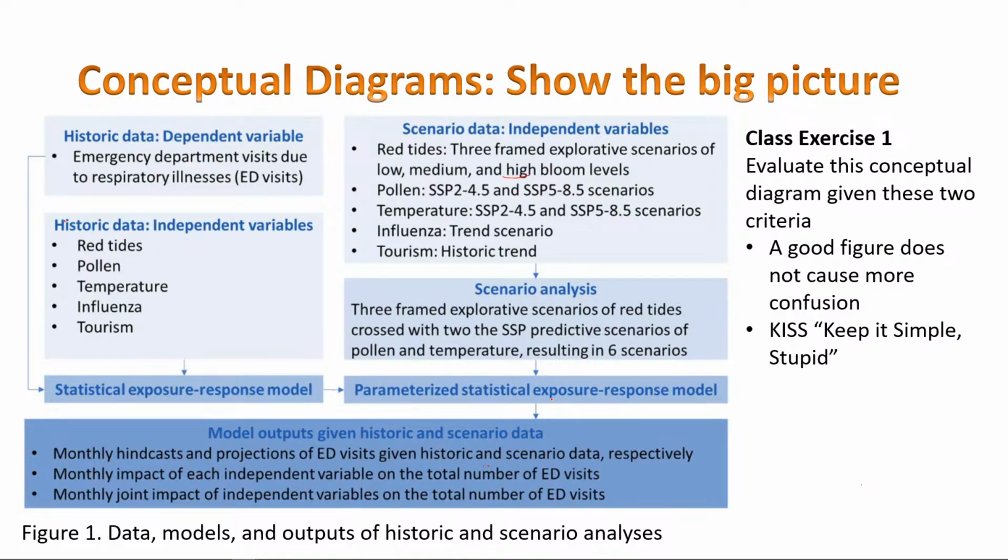After he trains this model, he will replace the historic data with future data and project into the future. And then he will see, for example, how red tide will increase ED visits, and how emergency ED visits will increase in general. That's the idea of this conceptual diagram.